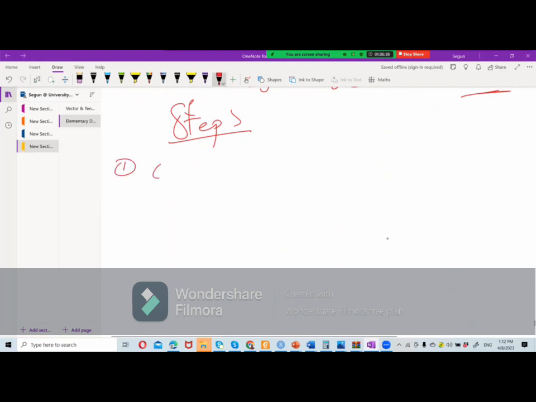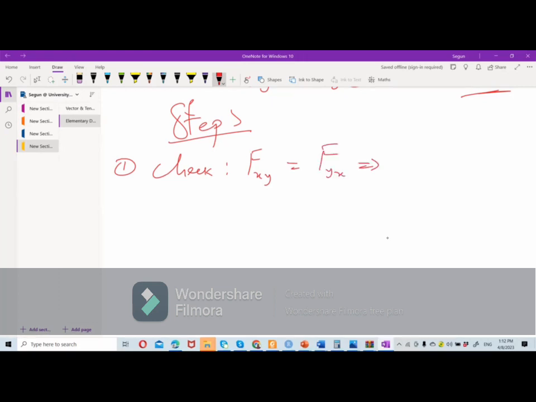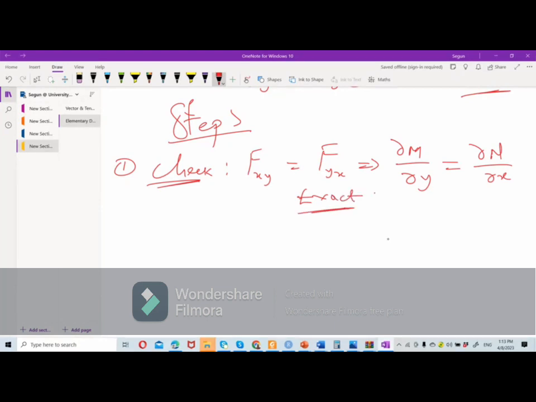Step 1 says check that the m dy must equal the n dx. This is the first thing you do: you check first to prove the exactness. When you prove this, then you can go ahead and solve the problem.